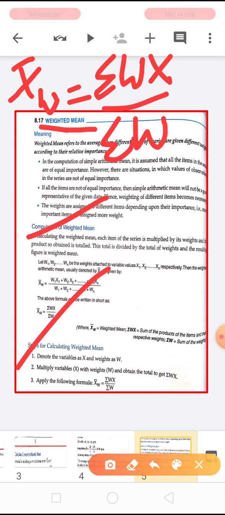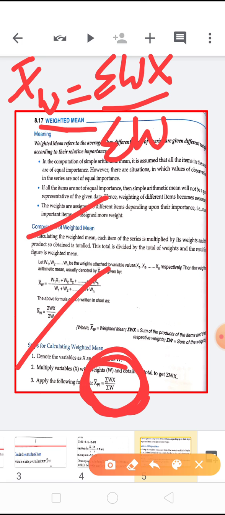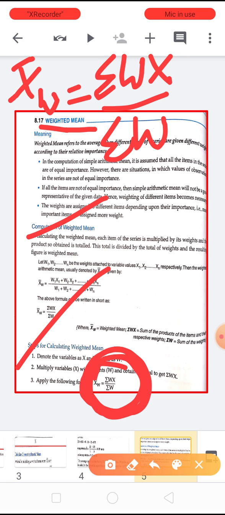The steps are: first, denote the variables as x and the weights as w. Then multiply the variables x with weights and obtain the total to get sigma wx. Then we apply the formula, weighted arithmetic mean equals sigma wx divided by sigma w.